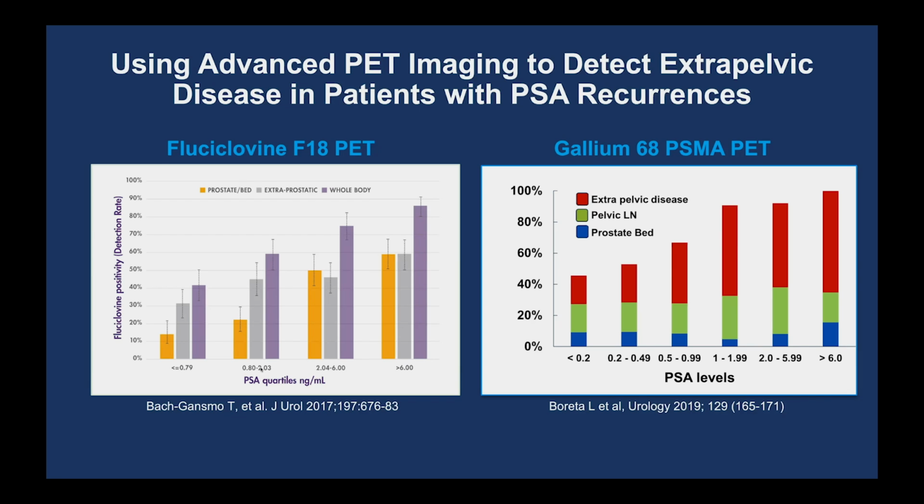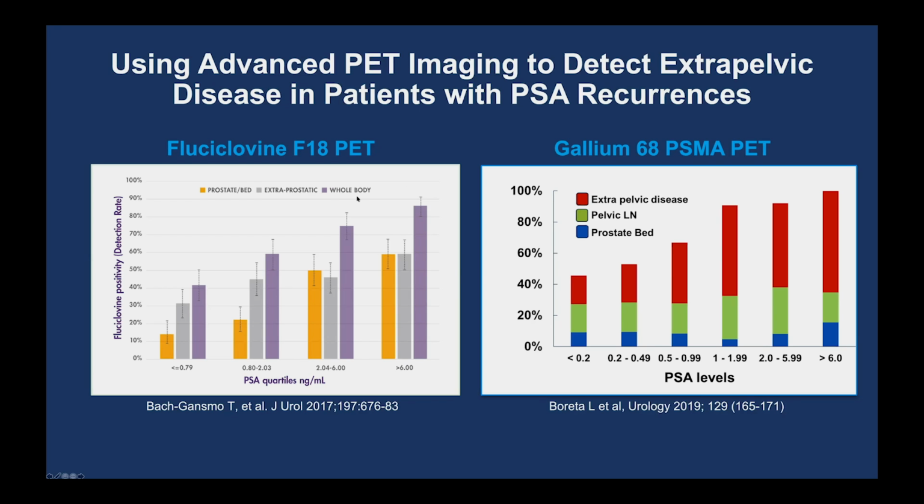Previously, when patients had low PSAs, we knew that our original imaging approaches like CT scans and bone scans were not going to pick up prostate cancer. But now at really low PSAs, even down to 0.2, we can start seeing prostate cancer outside of the pelvis, which is consistent with metastatic disease, or even within the pelvis as well.